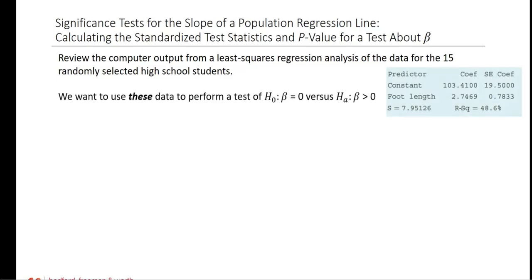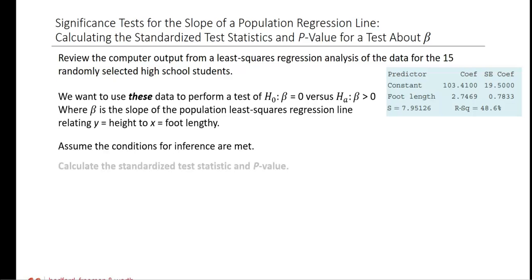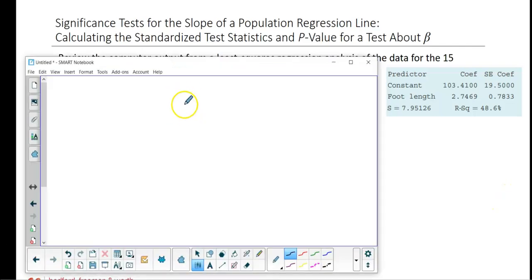Here's the computer output. We want to use these data to perform the test, where beta is the slope. They defined it. Assume the conditions for inference are met. We're going to assume that. Calculate a standardized test statistic and p-value. Okay, so t is going to be a fraction.